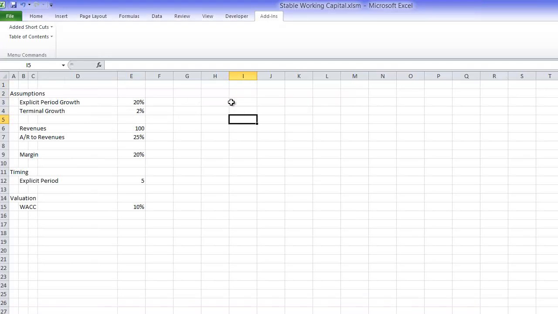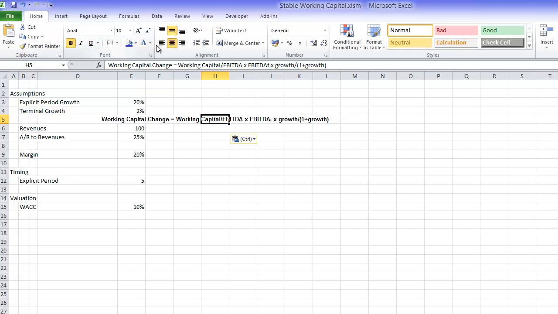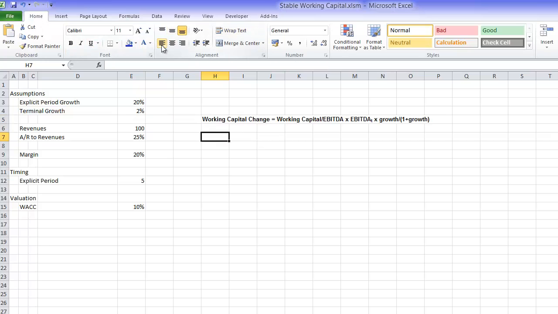And we'll make it, this is the terminal growth, right? By the way, rather than regular growth.